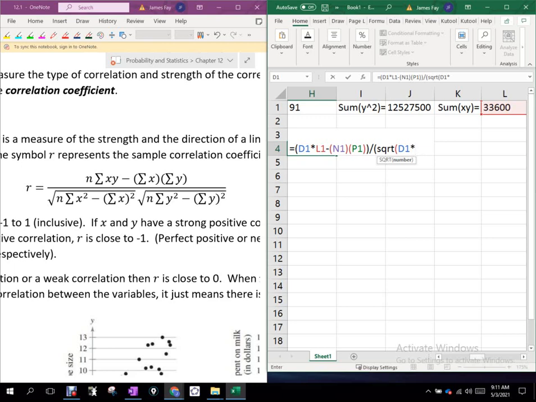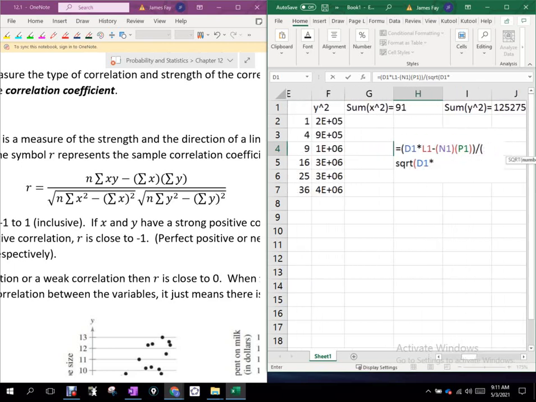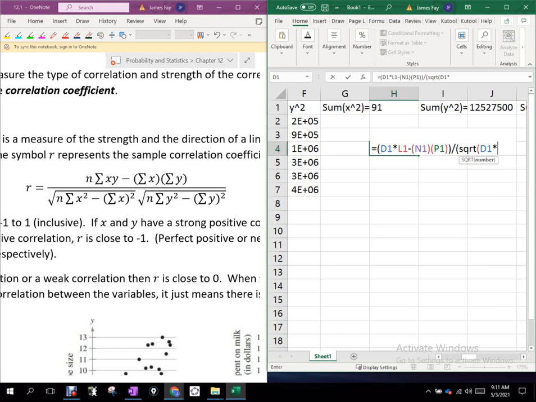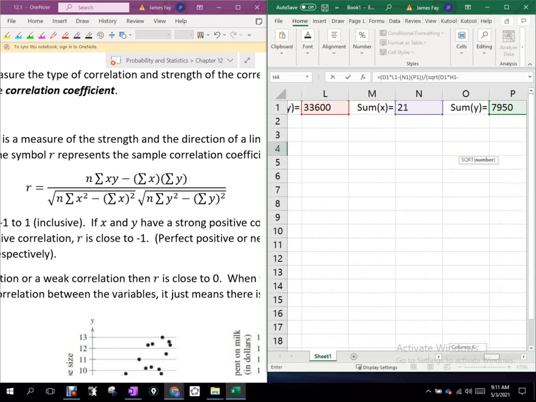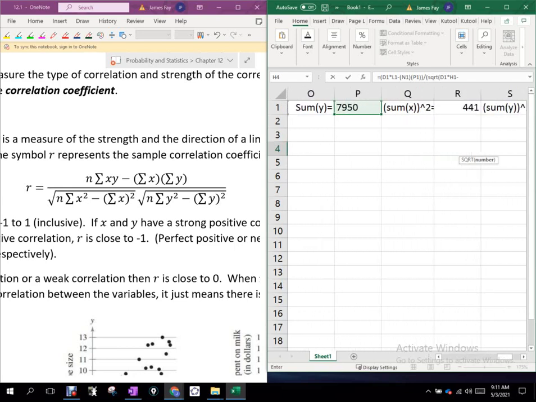Remember the sum of x squared would be this one here. So D1 times the sum of x squared minus now the sum of x, that quantity squared. So that would have been this one here in R1.